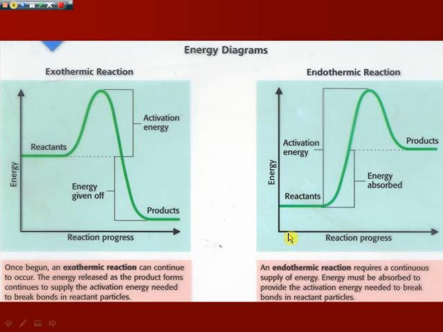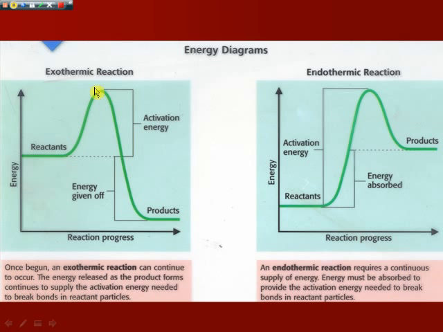You can see that the x-axis is labeled reaction progress. So the further we get along the x-axis, the more products we're making, and the less reactants we have left. Now, the y-axis is labeled energy. So obviously, reactants have more energy than the products do in an exothermic reaction.